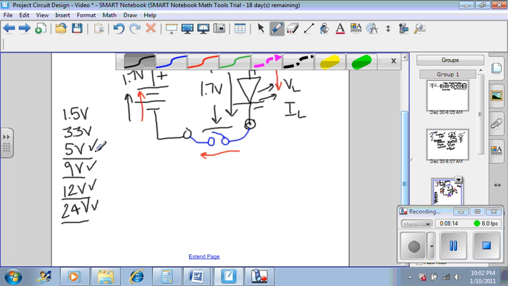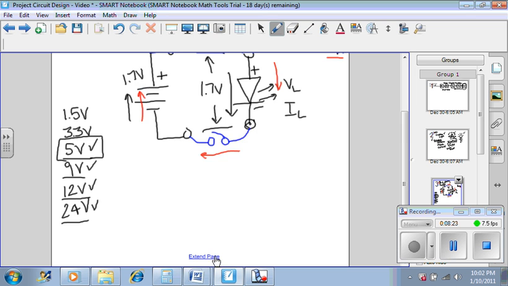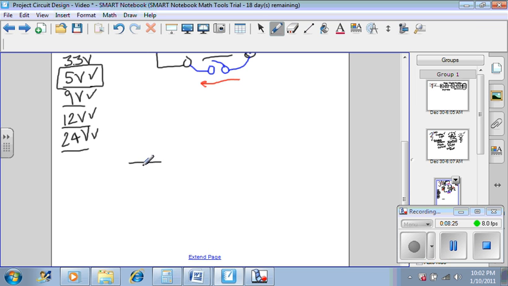Let's use 5 volts as an example. So we get our 5 volt power supply. And over here we have our LED, which only needs 1.7 volts to operate.